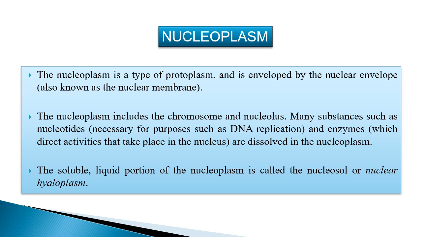It also contains cofactors and coenzymes, ATP and acetyl coenzyme A. It contains small lipid content. It also contains phosphorus, potassium, sodium, calcium and magnesium. The main function is to support the chromatin material and nucleolus and provide rigidity to the nucleus.